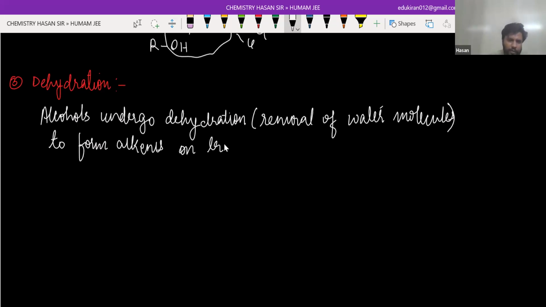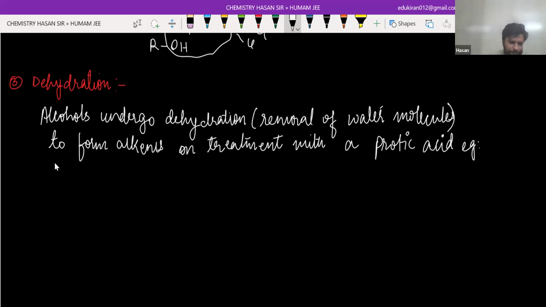On treatment with a protic acid. Protic acid means the one which gives H plus. For example, you can take concentrated H2SO4, which is also known as a dehydrating reagent.